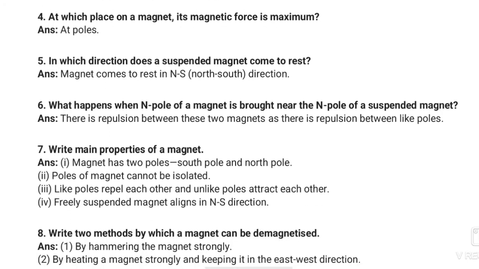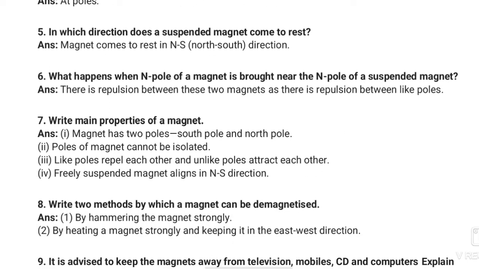Next question, what happens when the north pole of a magnet is brought near the north pole of a suspended magnet? Students, we know that two like poles of magnets repel each other, and two unlike poles, that is north-south or south-north, attract each other.